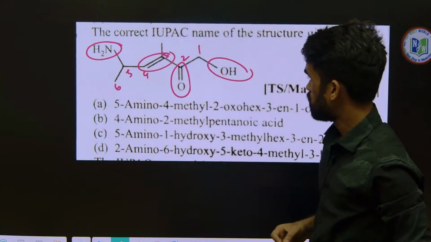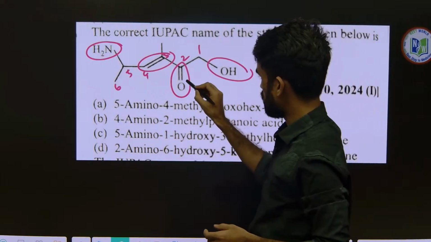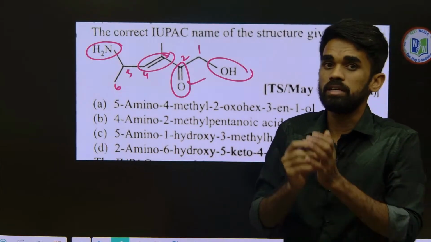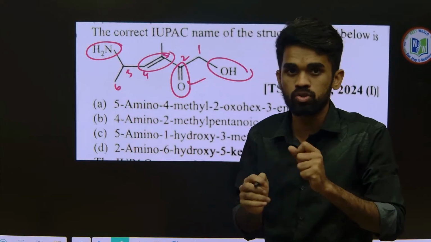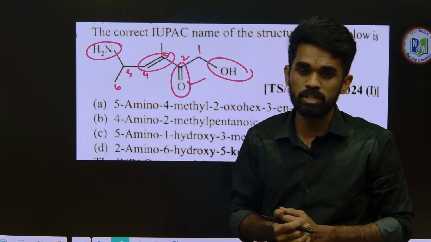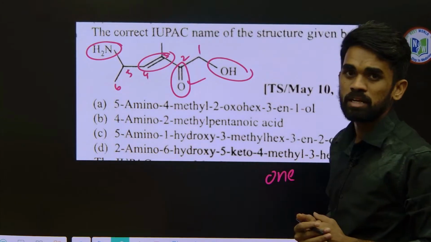Now what is our principal functional group? The ketone group. If it is the principal functional group, the name of the compound should end with it, so the suffix should be one.